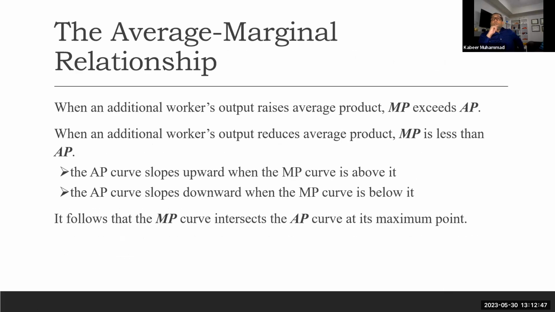So we also noticed here the relationship between marginal product and average product, and also observed through the graph that when an additional worker's output raises average product, marginal product exceeds average product. So if the marginal product is higher, the average product is increasing, and vice versa. Like if the additional worker's output reduces average product, MP is less than average product.